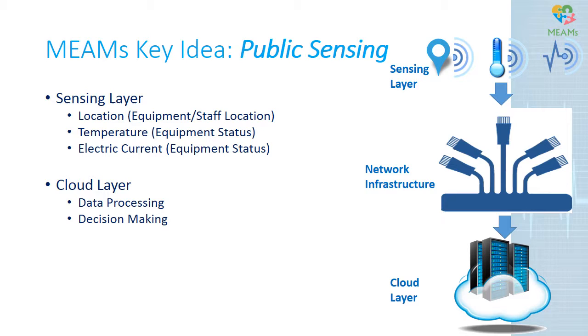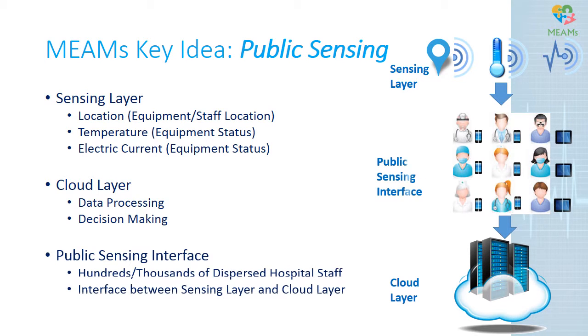Now, this data has to be relayed to the cloud for data processing and for decision making. In order to do this, we would require a network infrastructure in the middle. The key idea of public sensing is to replace the network infrastructure, which is slow to deploy and also has a high cost, with the public sensing concept. So what does the public sensing concept offer?